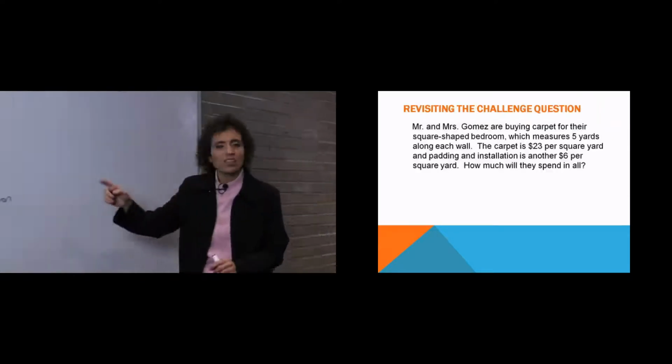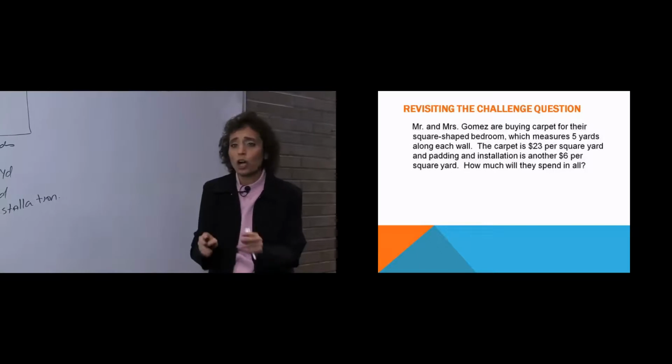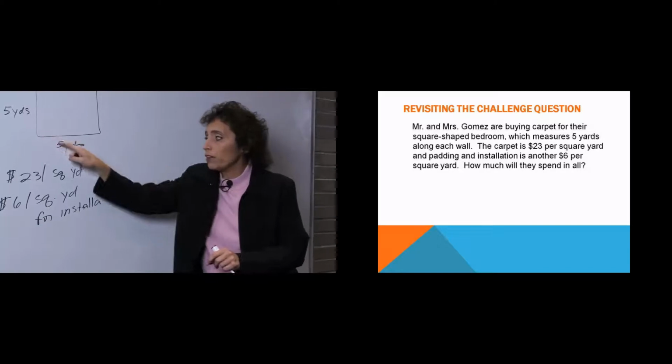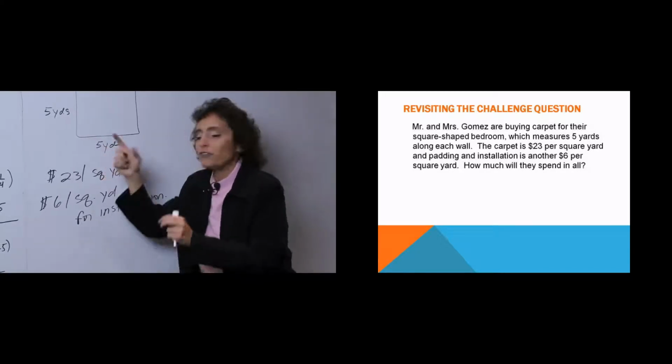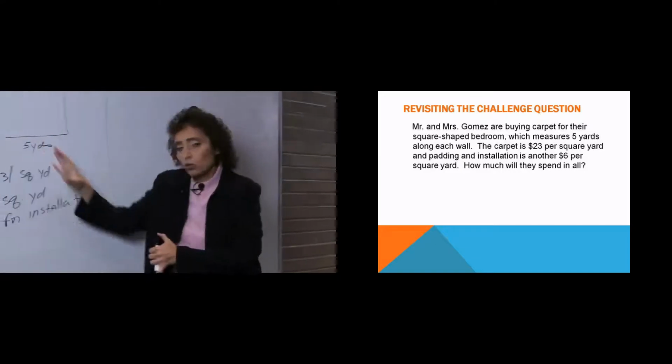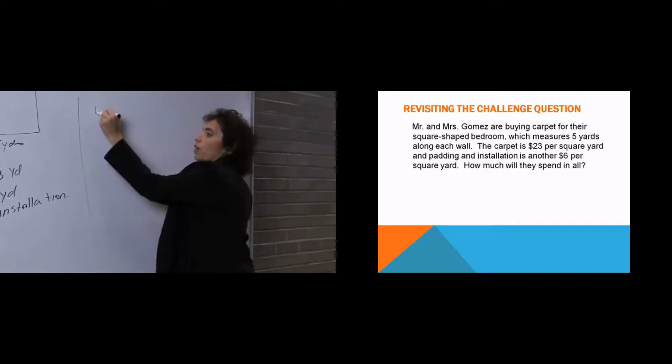We know the area of this is length times width, or side times side, which I think is what your formula sheet says. Doesn't matter, because length times width would be 5 times 5, and side squared would be 5 squared. We know everything's in the right units, so now we find the area.